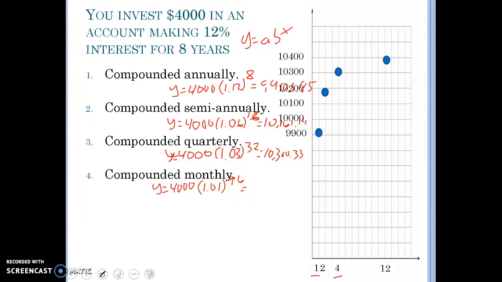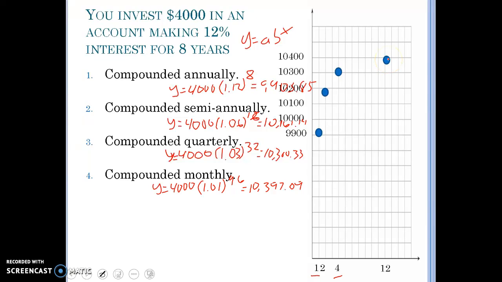And if you calculate this, that means at the end of 8 years, you're going to have $10,397.09. And so at the end of 12 months, we're right here.